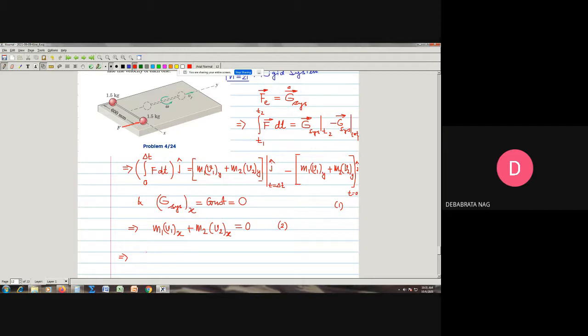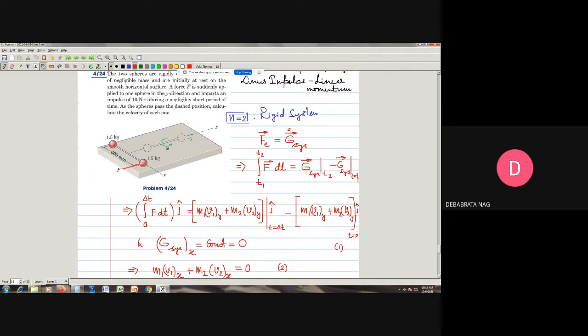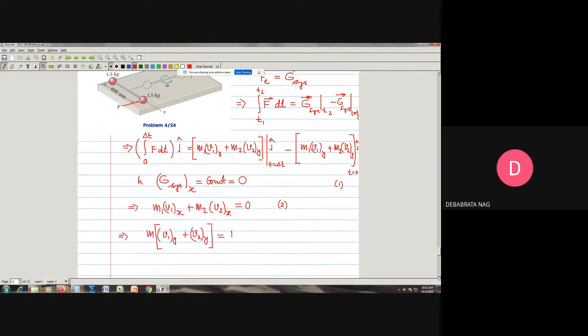So this is m into v1y plus v2y. The impulse that we are getting is 10 Newton seconds, so we can write this as 10.